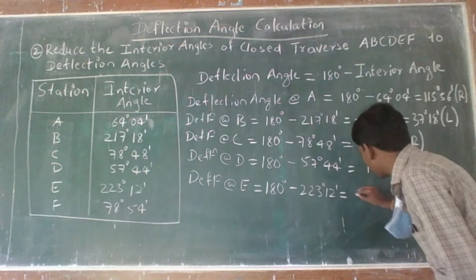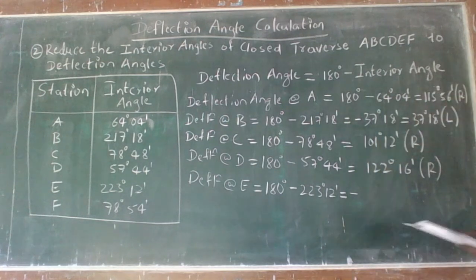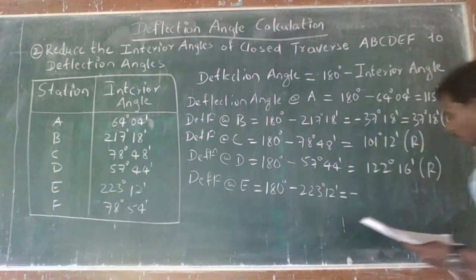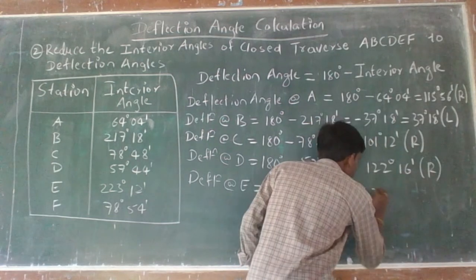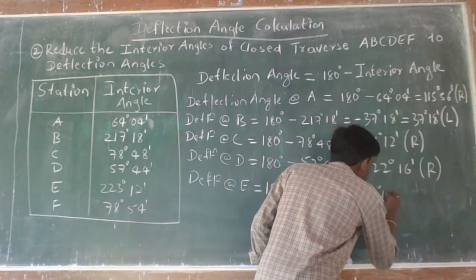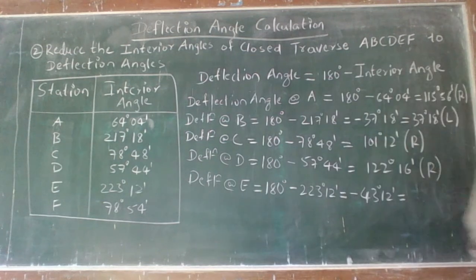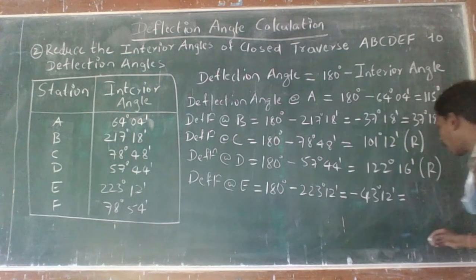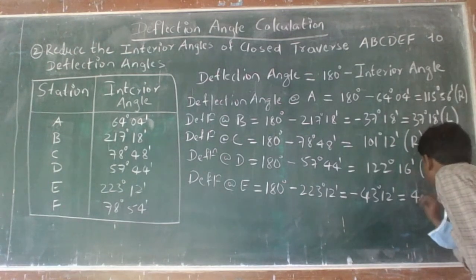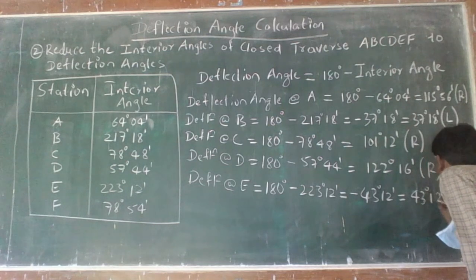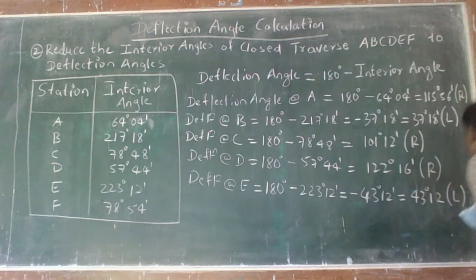So the value is minus 43 degrees 12 minutes. As the answer is in minus sign, the deflection angle is towards left side. So we have to write it as 43 degrees 12 minutes left. We have to denote the letter L.